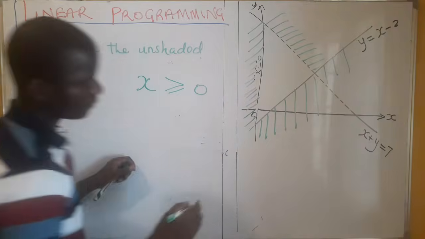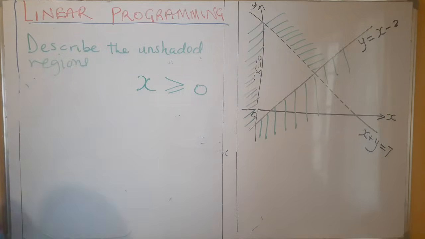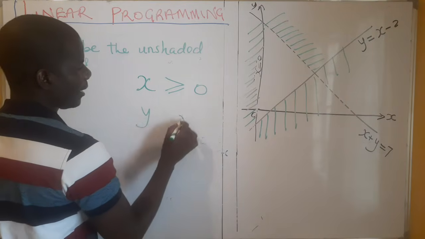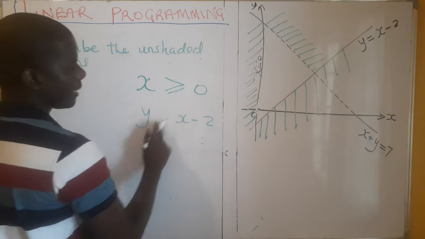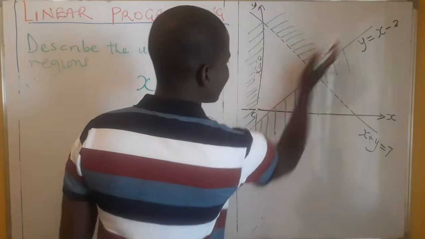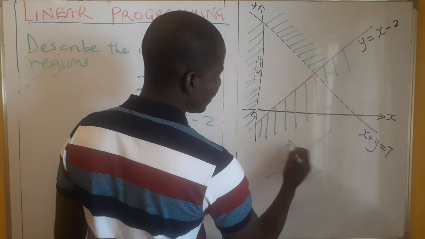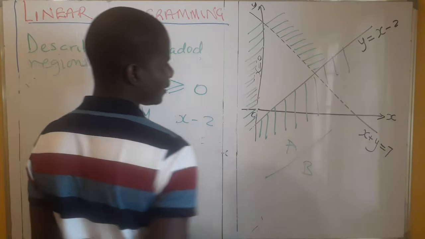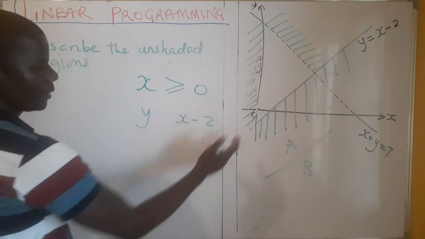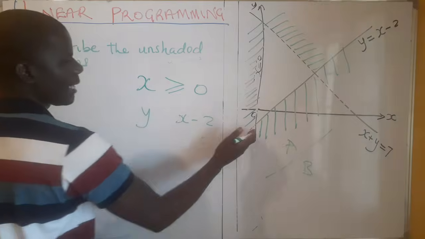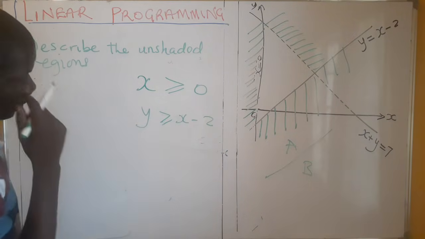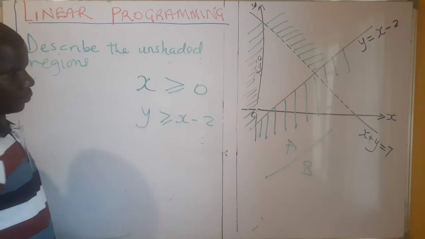Are we together? Okay. Then I'm going to take this, which is y equals x minus 2. What am I supposed to write? For this line, this region is greater than this one. The region that is on top is greater than the region that is below. So, because the line is solid or continuous, it will be this one. Y is greater or equal to.